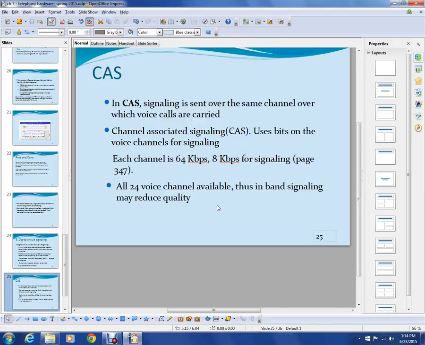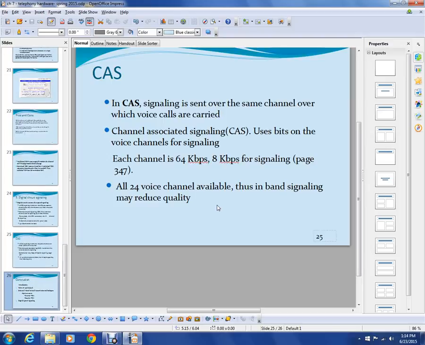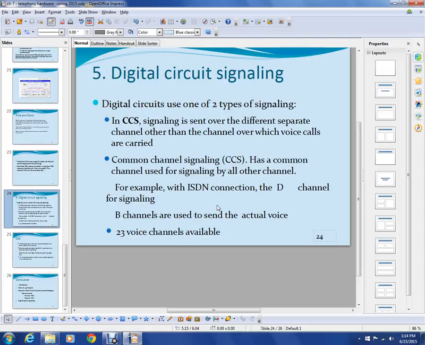Also here it says in CAS there are 64 kilobits voice bandwidth per channel, whereas in CCS there are only 56 kilobits per second voice bandwidth per channel.